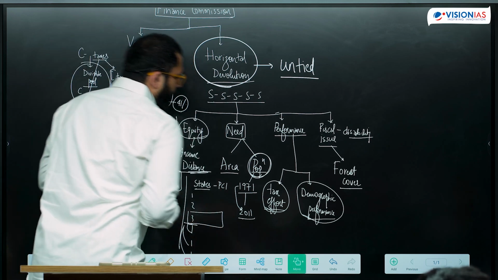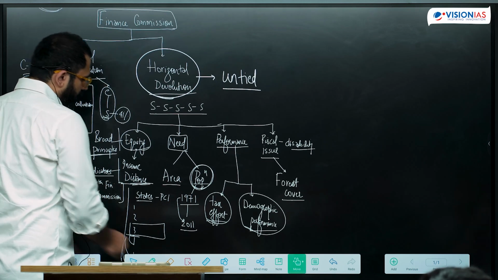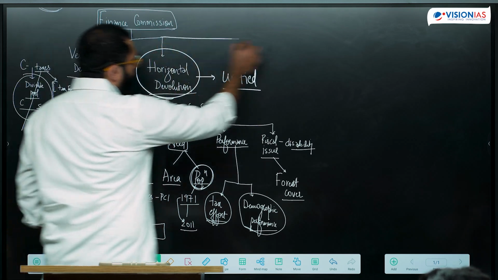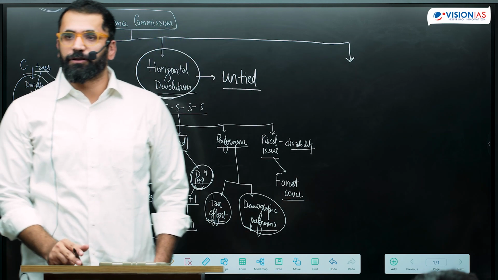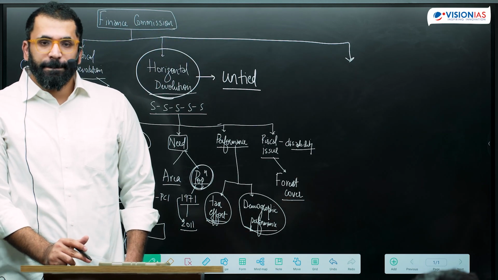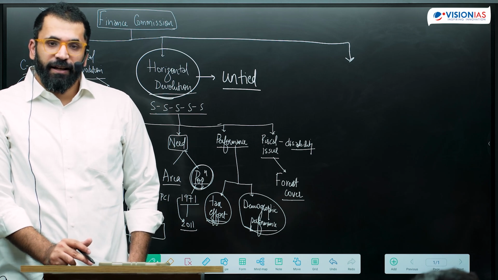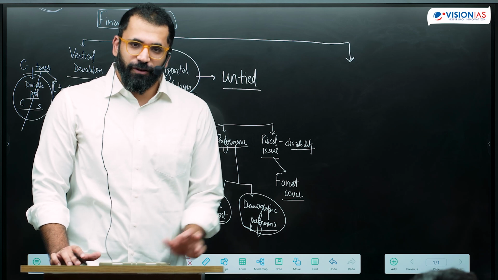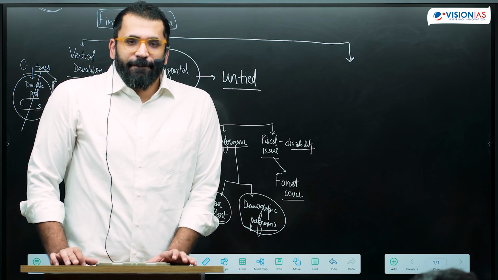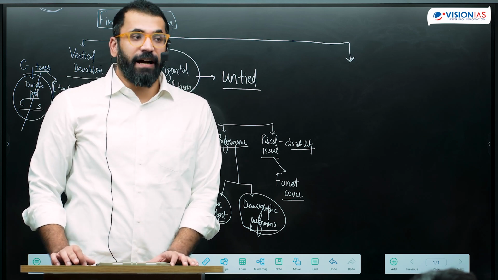The third important role of Finance Commission, any idea what the Finance Commission does apart from vertical and horizontal devolution? Why specifically local bodies? And do they allocate funds to local bodies specifically? Why do they do that?